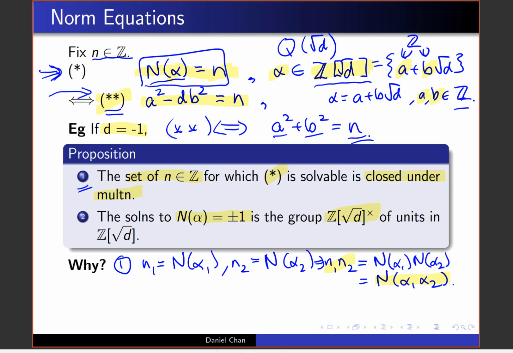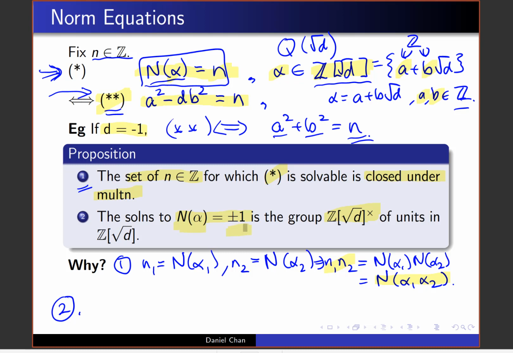For part 2, I won't do the whole proof, but maybe we'll have a look a little bit as to why it's true. So what does it mean for the norm of alpha to be equal to plus or minus 1? What's special about plus and minus 1?